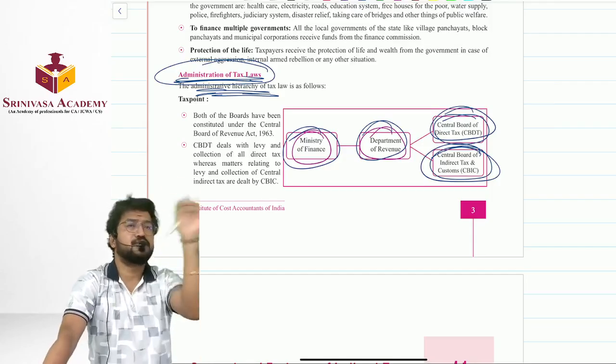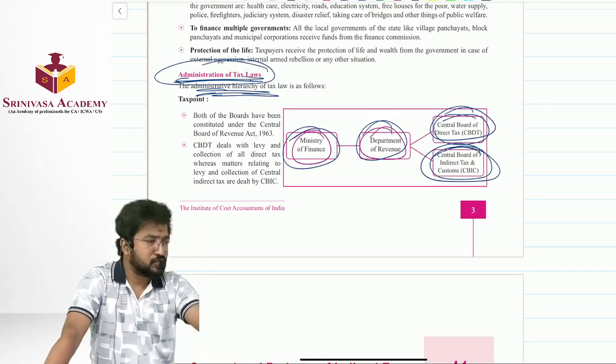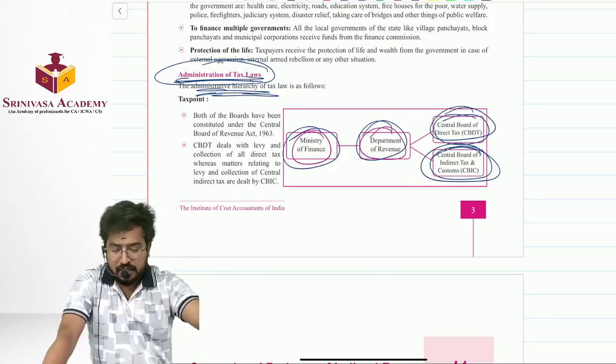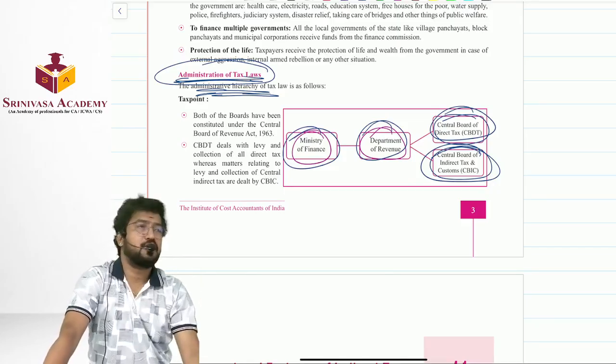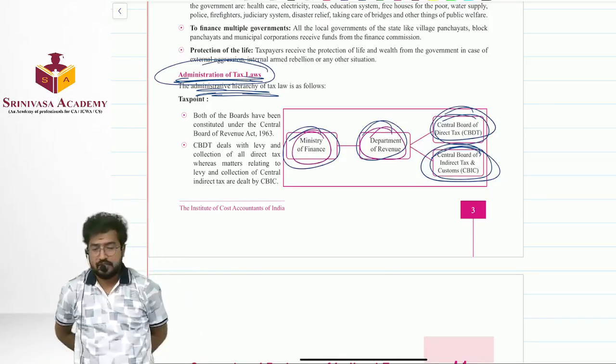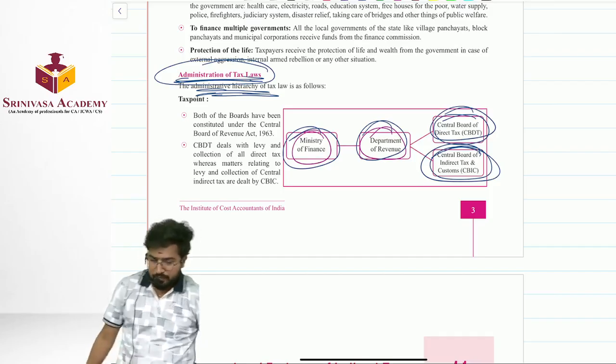Just write down the questions I say. Okay. First question. What is the first question, right now? First question is, what is the administrative hierarchy of tax laws in India? Question number 1. Take one last page. Online students, take last page. Write down.